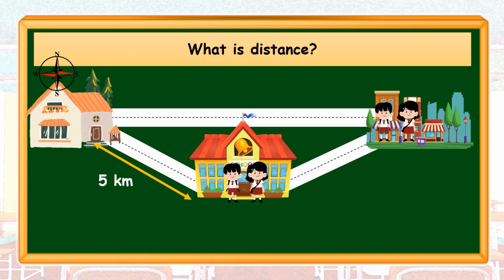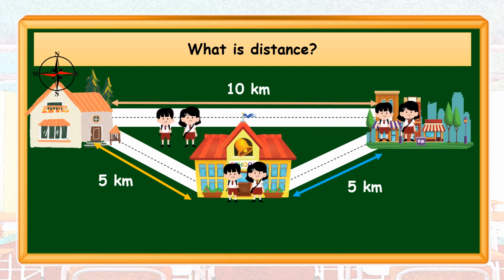How about the distance from their school to the village? Excellent! The distance from school to the village is also 5 kilometers. How about the distance from the village back to their house? Brilliant! The distance from the village back to their house is 10 kilometers.